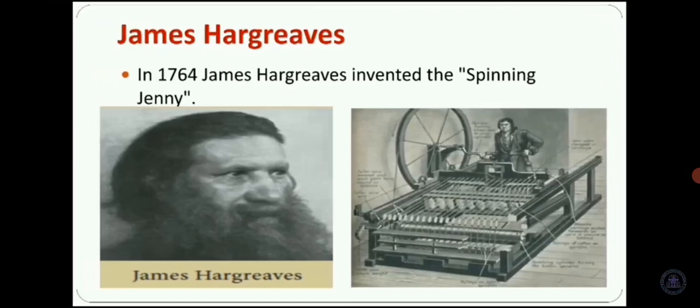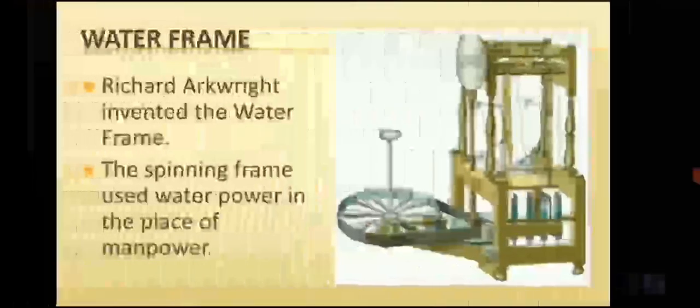In 1764, James Hargreaves invented the spinning jenny. This machine spun 8 threads at one and the same time. Two years later, Richard Arkwright invented the water frame. This spinning frame used water power in the place of manpower.